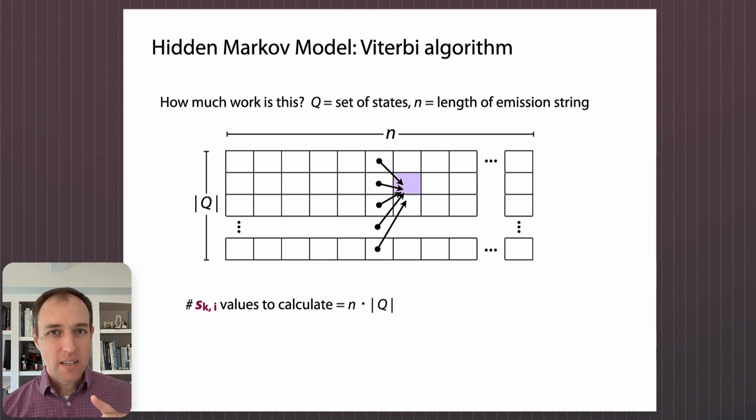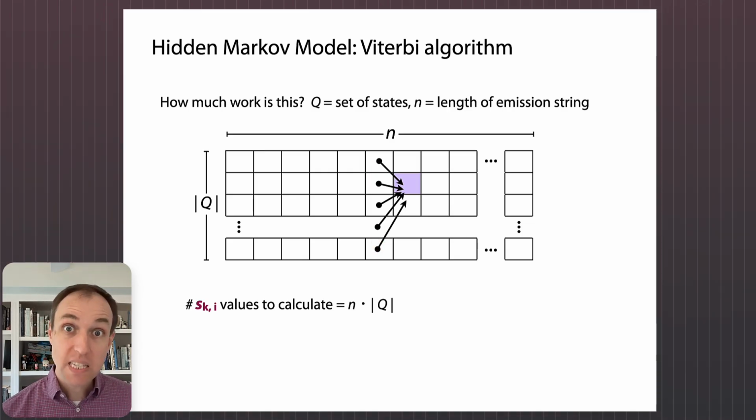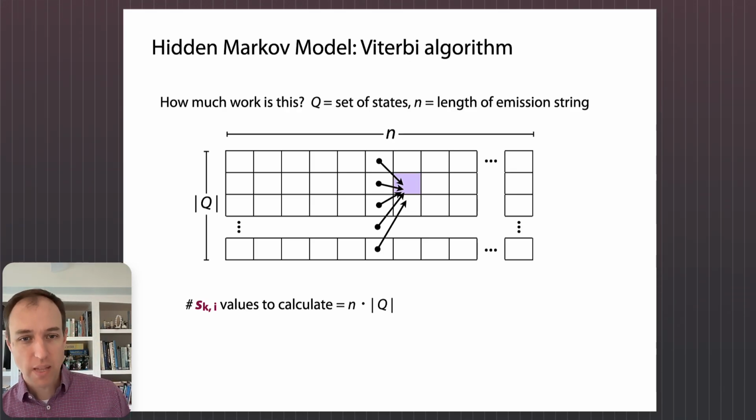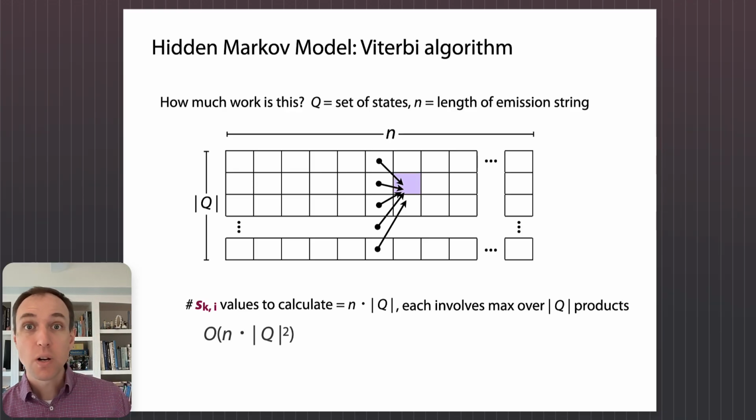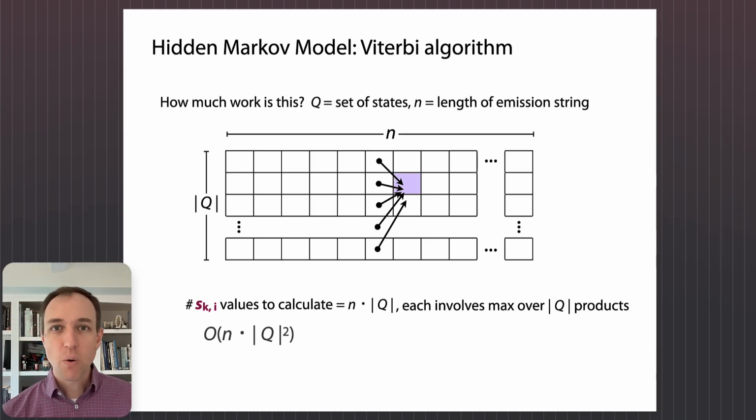But how much work is it to fill in one of those elements? That is proportional to the size of Q as well, because in order to fill in a single element, as the arrows in this picture imply, we have to take a maximum over size of Q terms, because we have size of Q possible previous states we could have been in. So we multiply in another factor of size of Q, such that the overall time required for Viterbi is big O of n times size of Q squared.